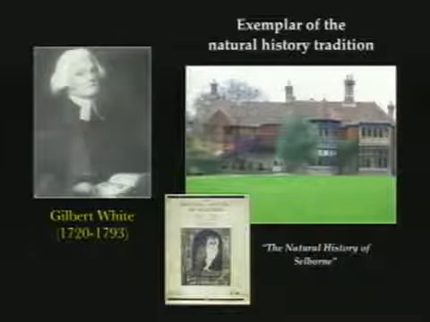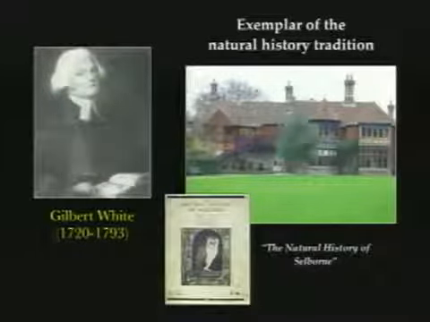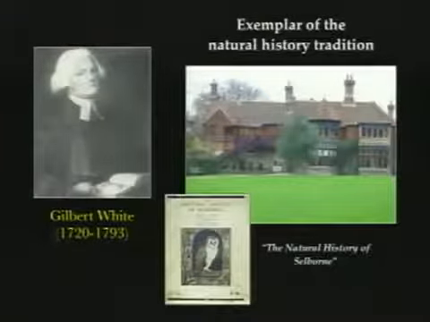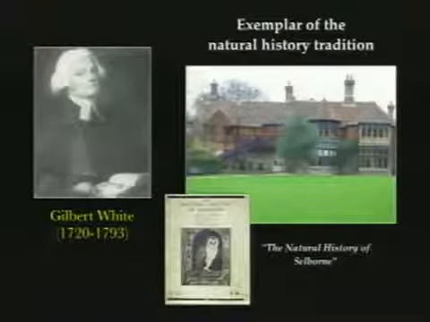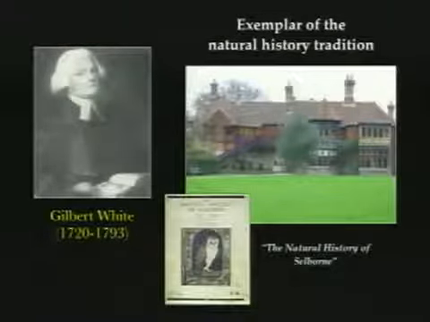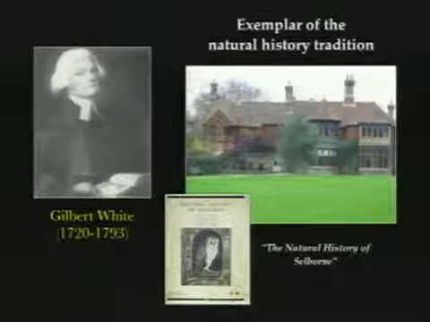As an exemplar of the natural history tradition, we can focus on a couple of individuals, including Gilbert White, who was very, very widely read. His one book in particular, The Natural History of Selborne, went through many editions and has been read by countless individuals since it was written in the 1700s.